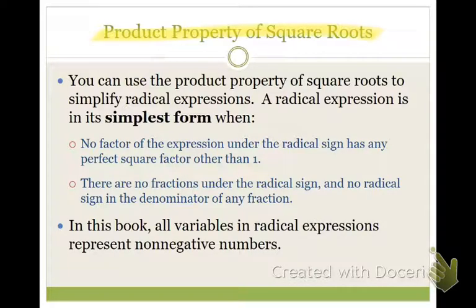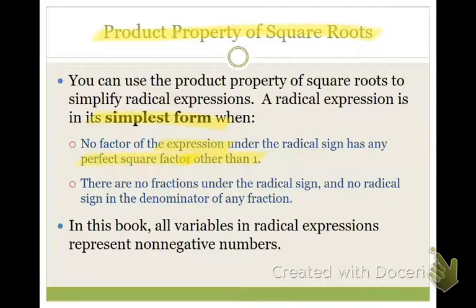You're looking for the expression to be in simplest form. How do you know? No number under the radical sign has a perfect square factor other than 1. 1 is not going to really change any value there.